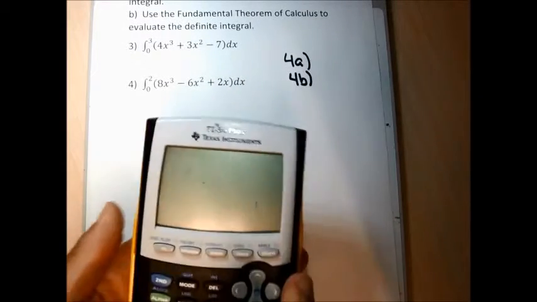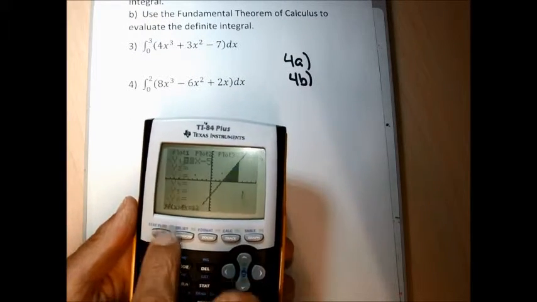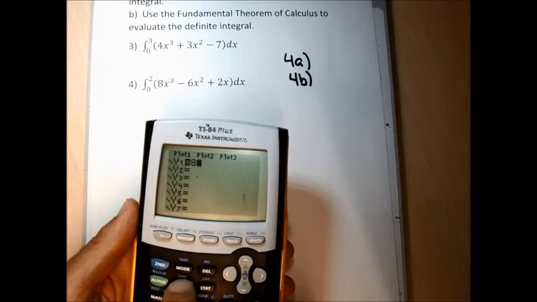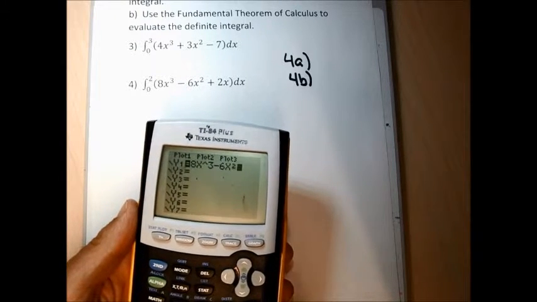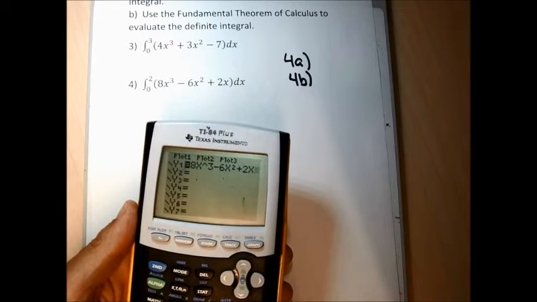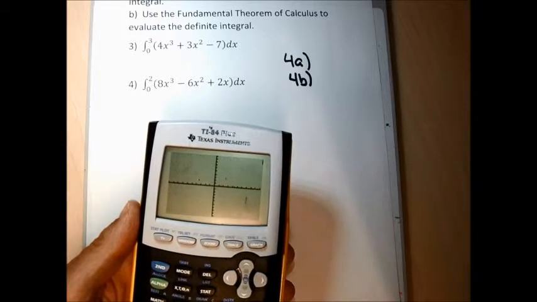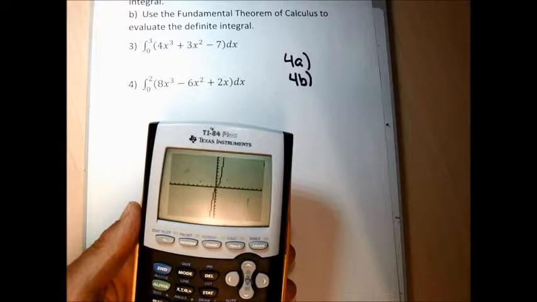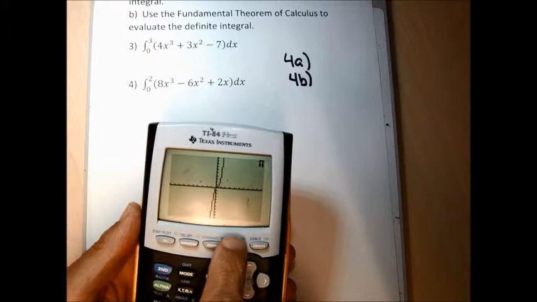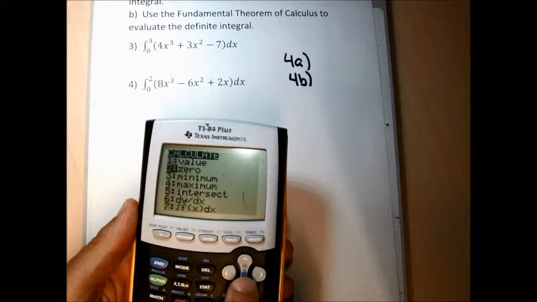So for 4a, I'm going to enter the function into y1: 8x up arrow 3 minus 6x squared plus 2x. Just graph it. Be nice to see the entire graph. Now I'm going to go second calc, down to option 7.